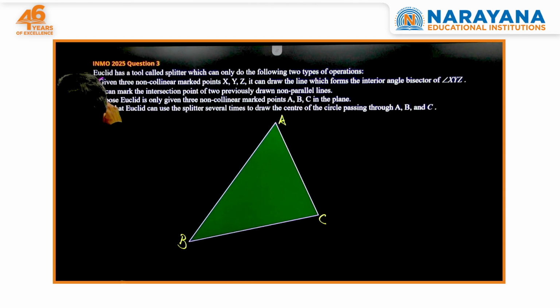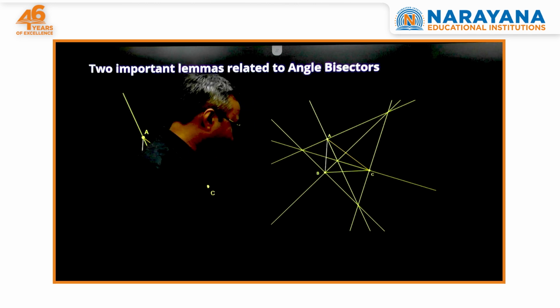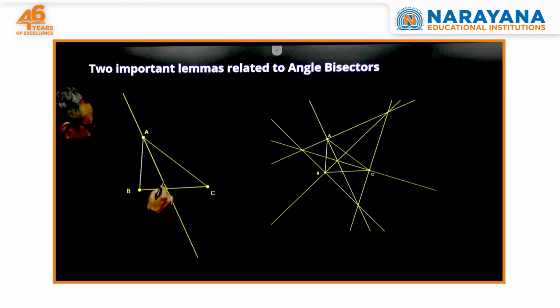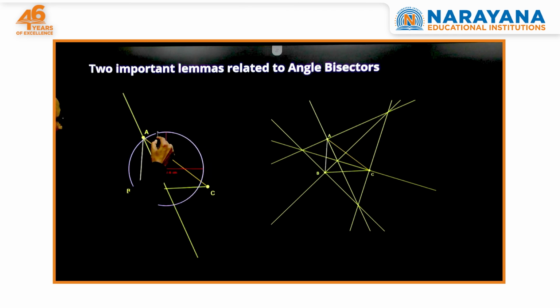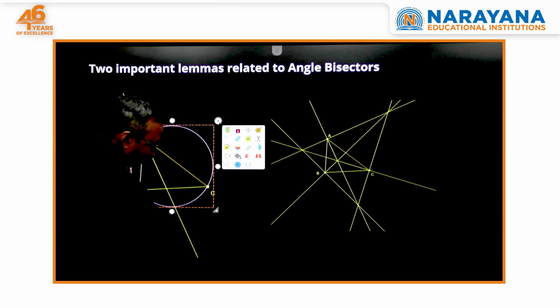To understand better how it has to be done, I'll take you to two lemmas which we had done previously in classes. One is, when we talk about the angle bisector of a triangle, let me draw the circumcircle of triangle ABC.